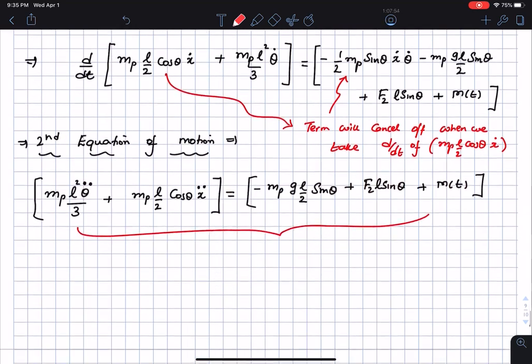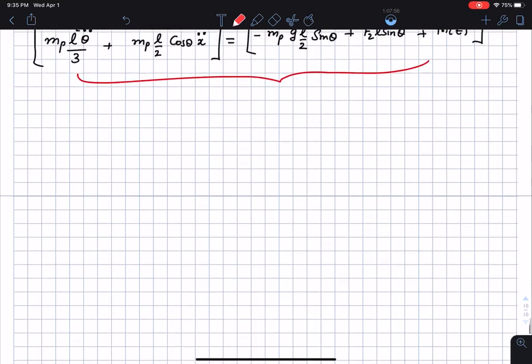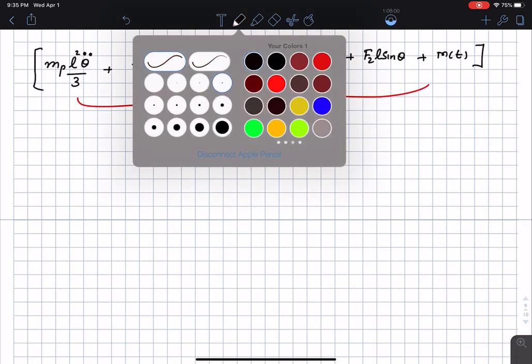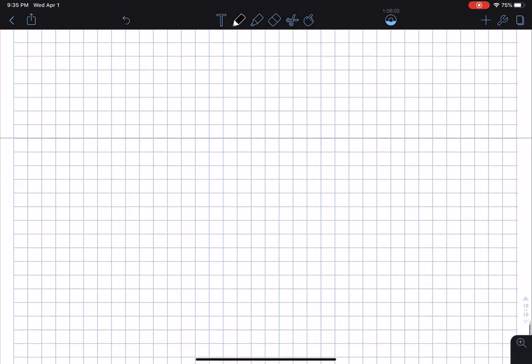All right, so we are now going to move on to the idea of Lagrange multipliers. These are the two equations of motion. We're done with this problem, so we're now going to move on to the idea of Lagrange multipliers. Lagrange multipliers typically enable us to handle non-holonomic systems, or enable us to find the force of constraint.